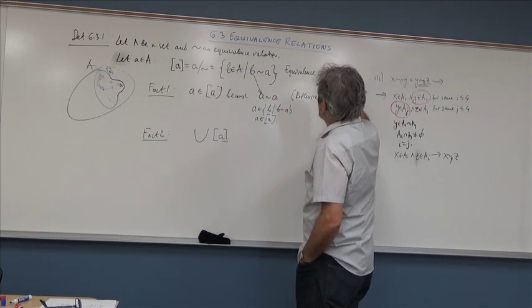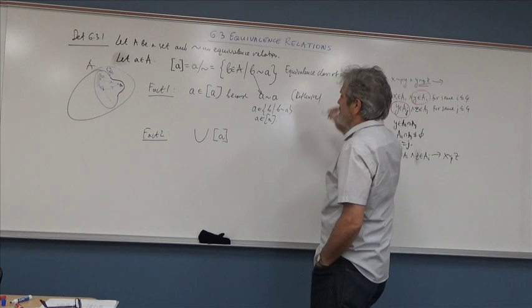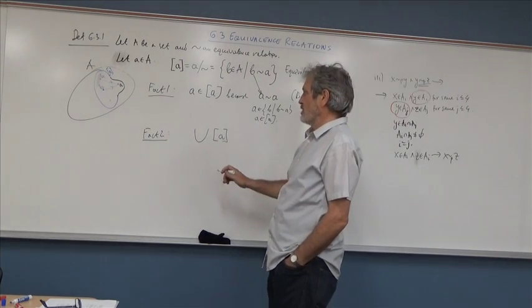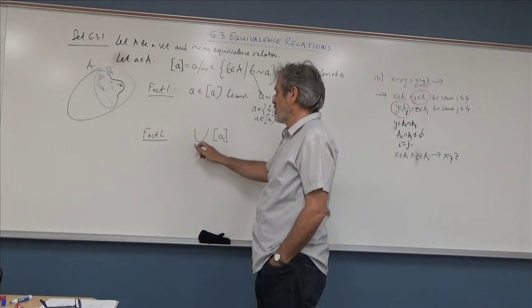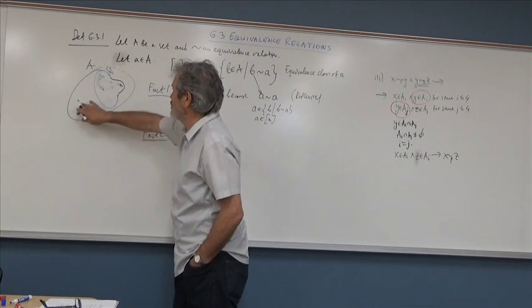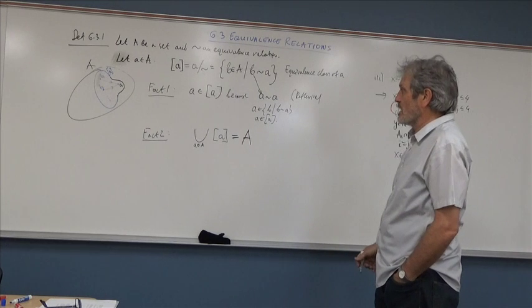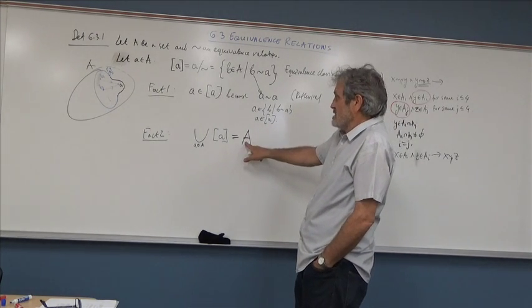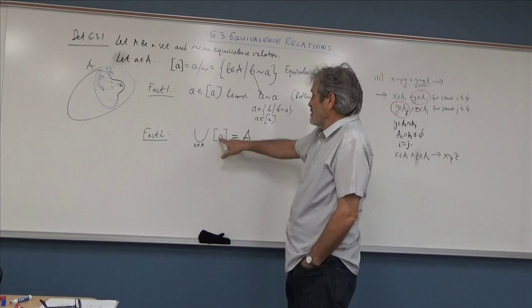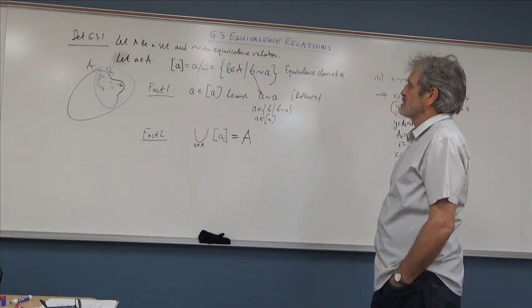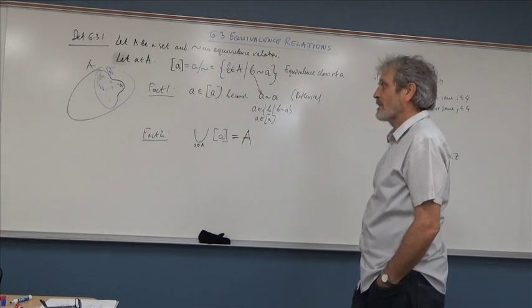Equivalence class of A. If I take all the equivalence classes, when A changes, if I move A, that will give me the whole set A. Why is that? Because each element of A is included, because each element belongs to its own class, so obviously this is true.